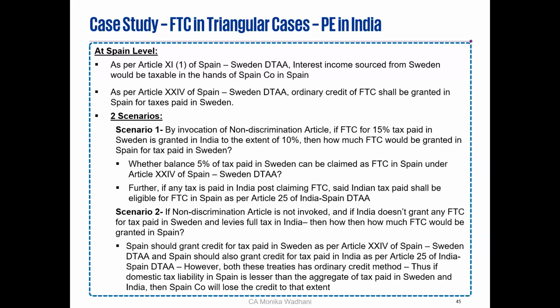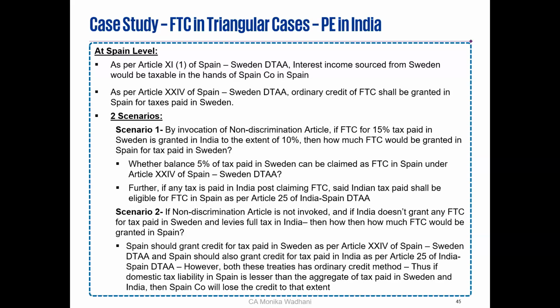Now, because there is a PE in India where this income is taxable, if India is also taxing that particular interest income, and as I mentioned, two scenarios, if India is giving the credit or not giving the credit, depending on that, the eligibility of FTC needs to be determined at the Spain level.